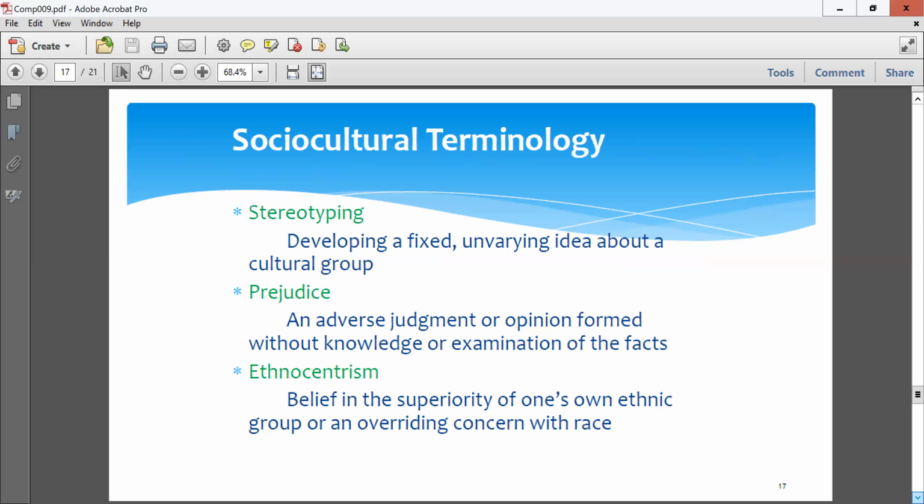Prejudice, of course, you've heard of, is an adverse judgment or opinion formed without knowledge or examination of the facts, based just on a person's race, skin color, or culture. Ethnocentrism is believing in the superiority of your own ethnic group or an overriding concern with race.